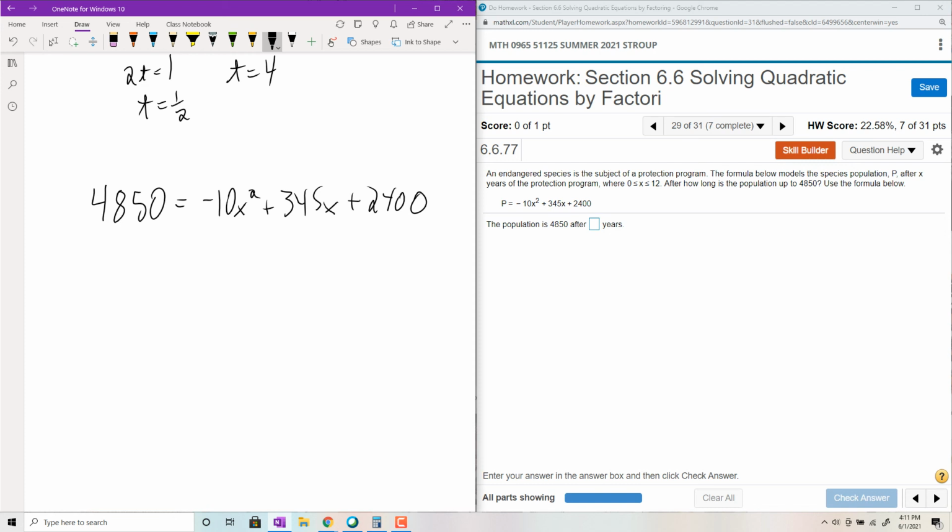I'm going to move everything to the left side. So I have 10x squared minus 345x plus 2450 equals 0. You can divide everything by 5.